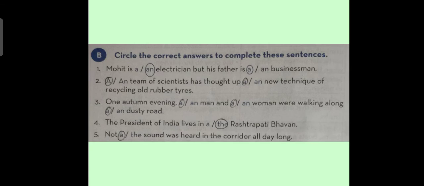A or the sound was heard in the corridor all day long. We will circle a because sound is not a definite thing, it is an indefinite thing and we are talking about general sounds, and the word sound does not begin with a vowel, so we will circle a.